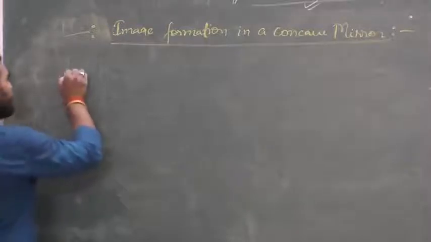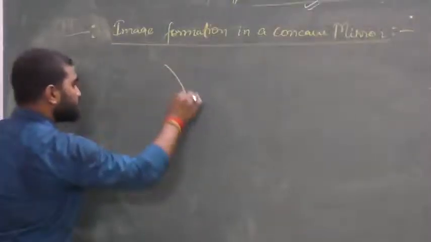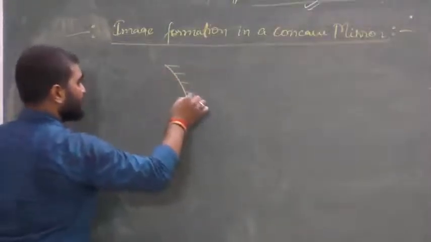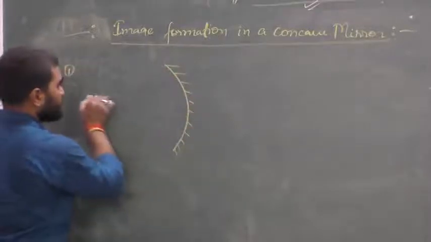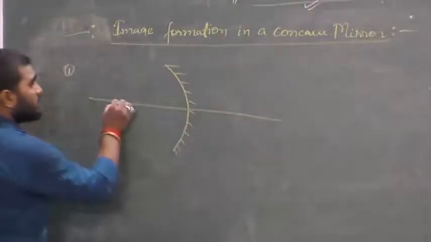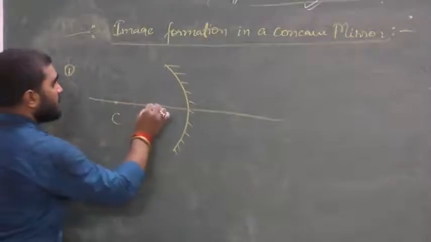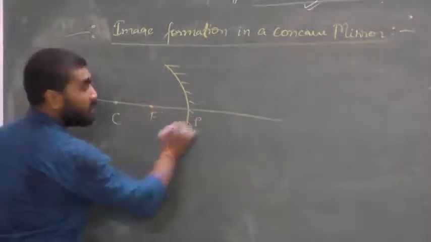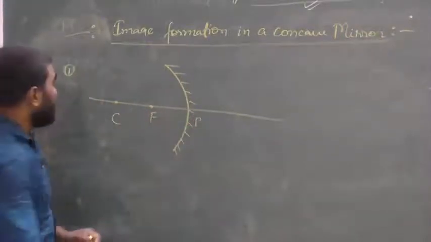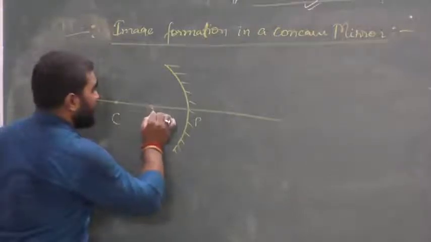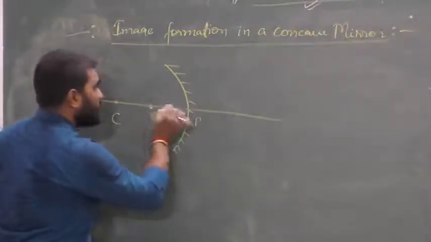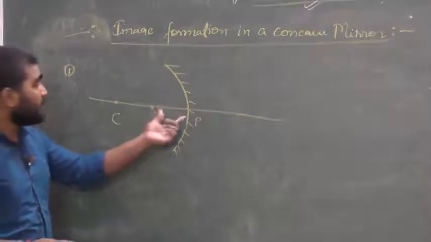What are the main possibilities? You can see here. First thing, this is the center of curvature, this is the focus, this is the pole. In the first possibility, the object can be placed between F and P.